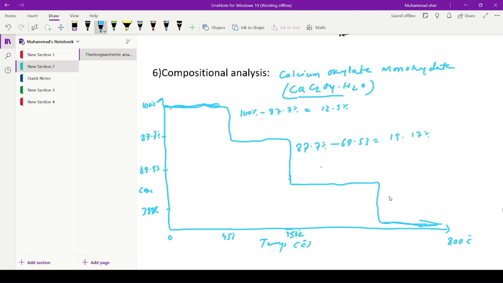Similarly at this stage, 68.53 minus 38%, and the loss is 30.53%.